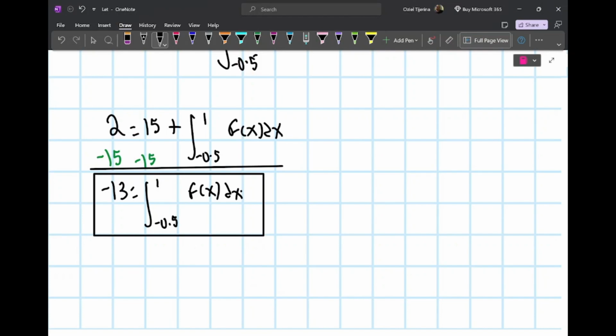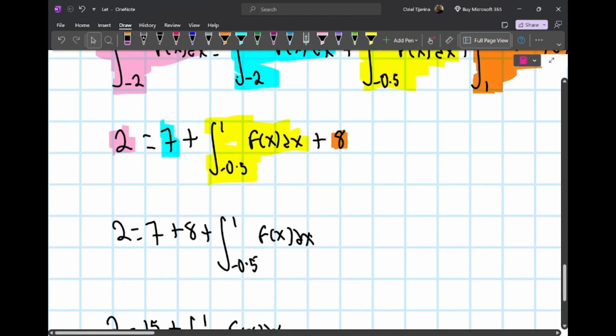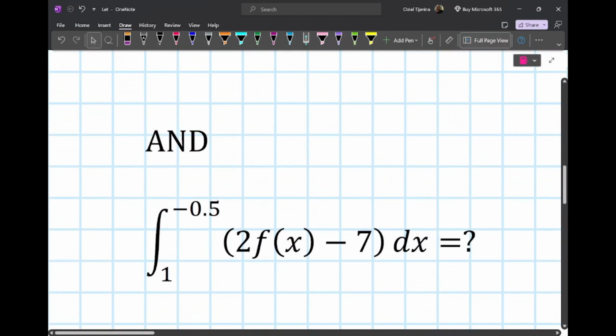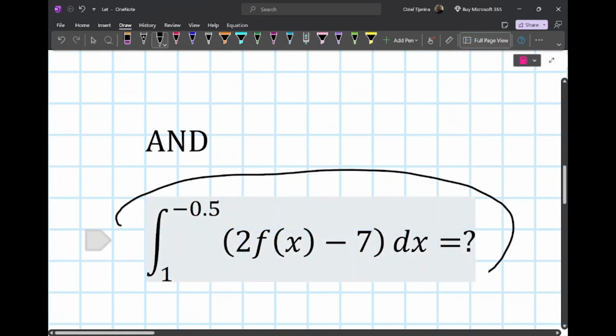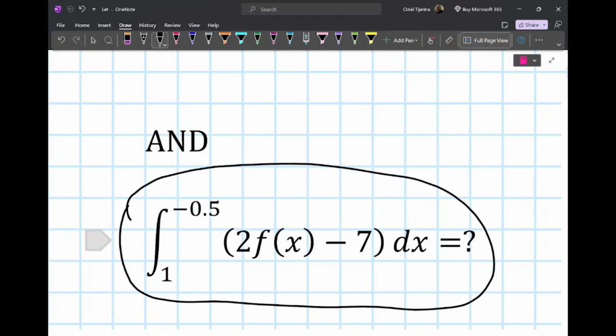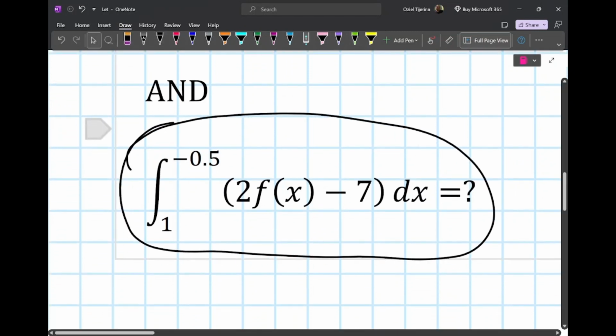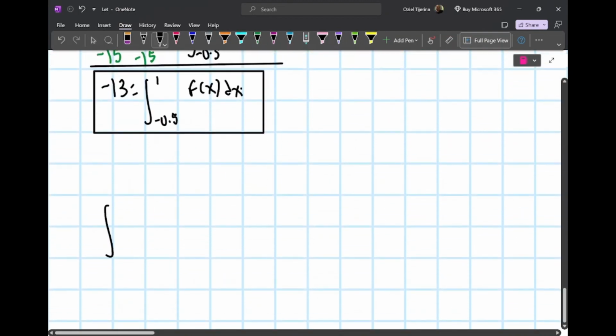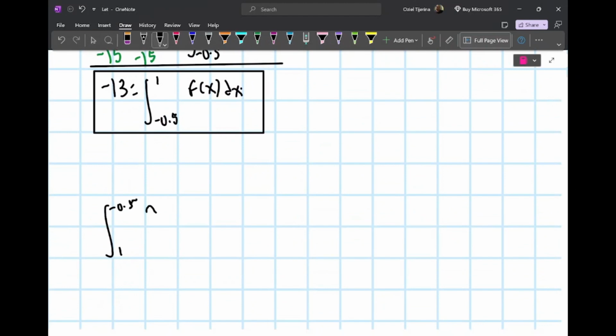Now the second part is a little bit harder. If we look at the second part, we want to find this. This is where the hard part comes in. The harder problem is actually the second problem. We want the integral from 1 to negative 0.5 of 2f of x minus 7.